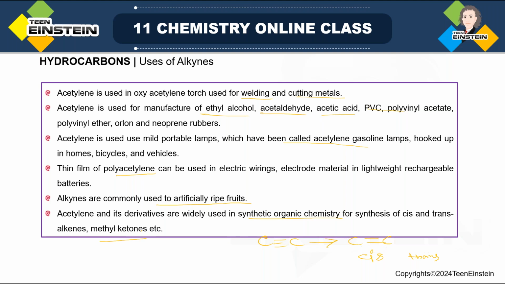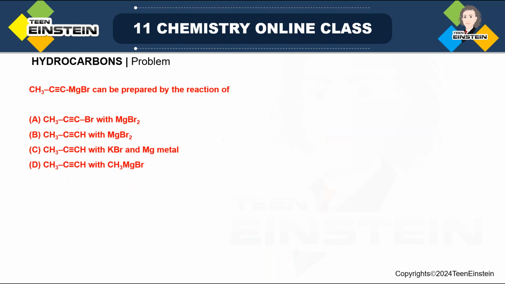It is not just application as in some lamp or ripening fruit; these are one type of application. Another type of application is that starting from alkyne, you can make some other important compounds. So both types of applications we have seen here. Now we will move to some questions.